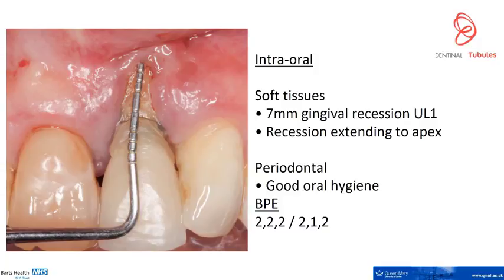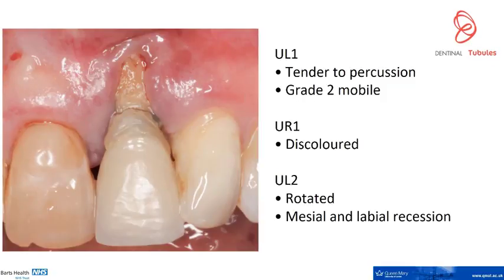The upper left central incisor was tender to percussion and it was also grade 2 mobile. The upper right central incisor was discolored as the patient had presented with a complaint. Also, the upper left lateral incisor was rotated and there was mesial and labial recession.